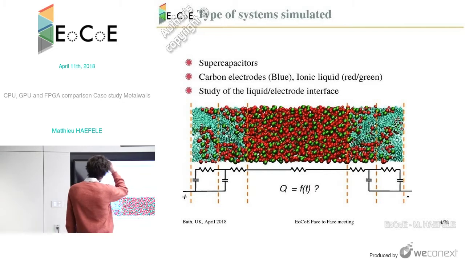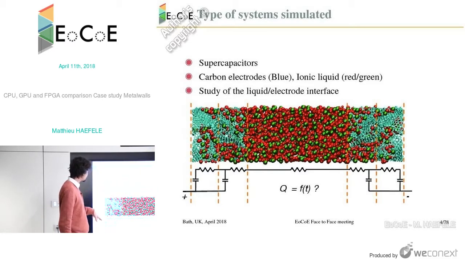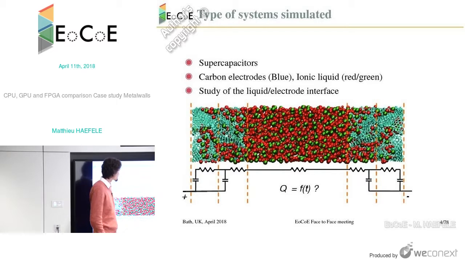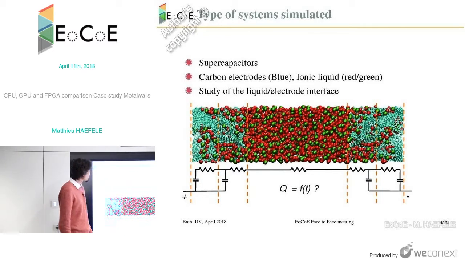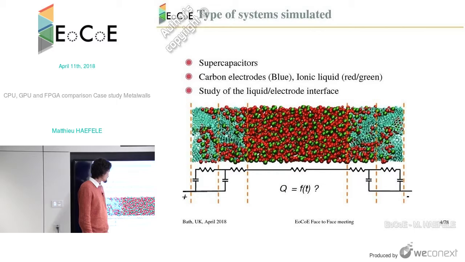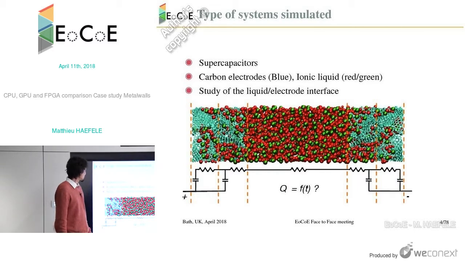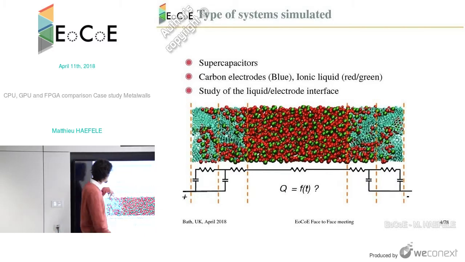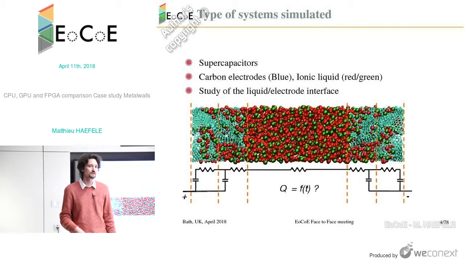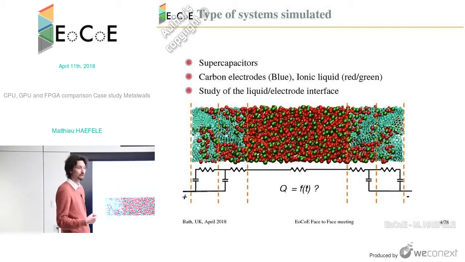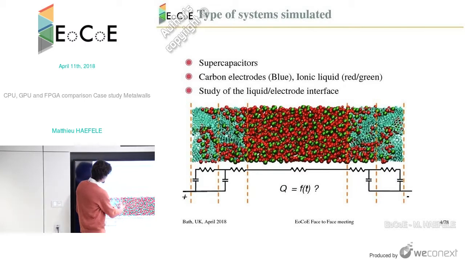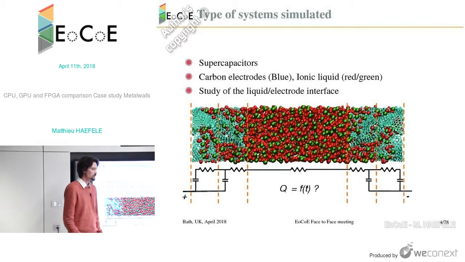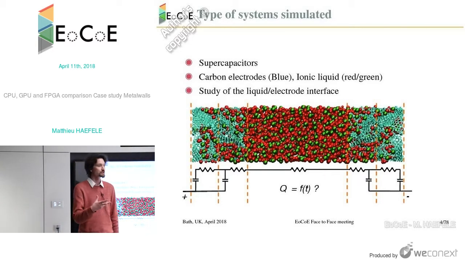So that's typically the kind of system that is simulated. You have two electrodes here in carbon, the gray thing you see here, and all the bubbles here are atoms. That's ionic liquid. The idea is to apply a difference of potential between the two electrodes and to see how the liquid reacts and the kind of structure that appears in the material near the electrodes, because that's very difficult to measure experimentally.